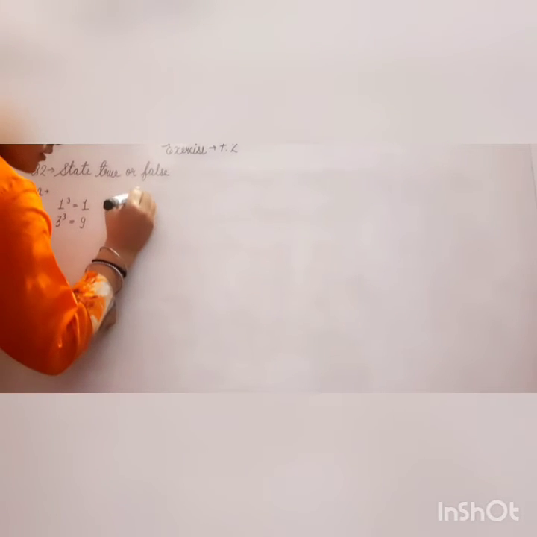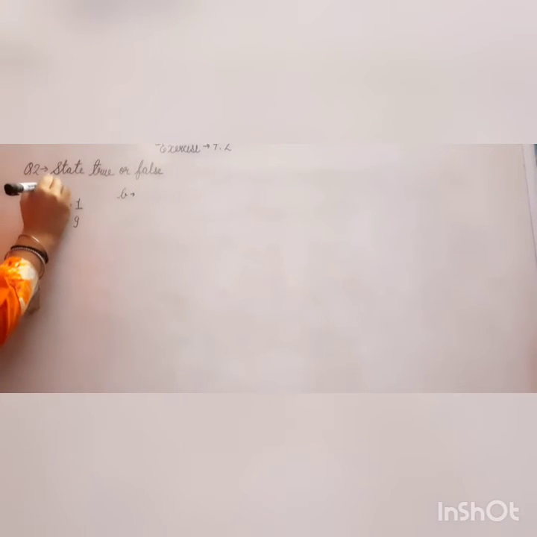Okay, now your second part is: a perfect cube does not end with 2 zeros. It is true. Why is it true? Because a perfect cube ends with 3 zeros.